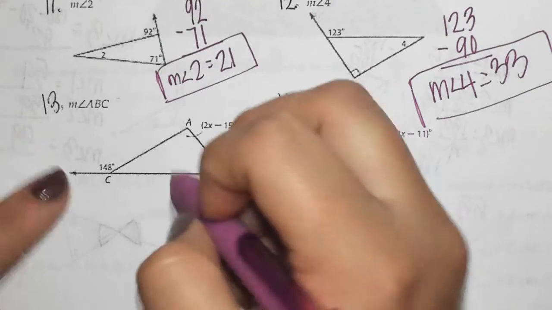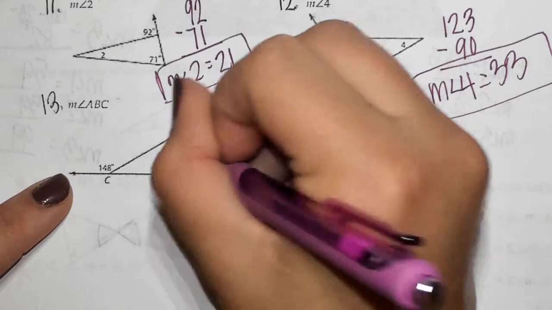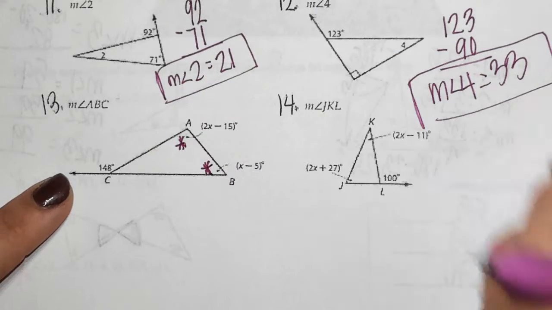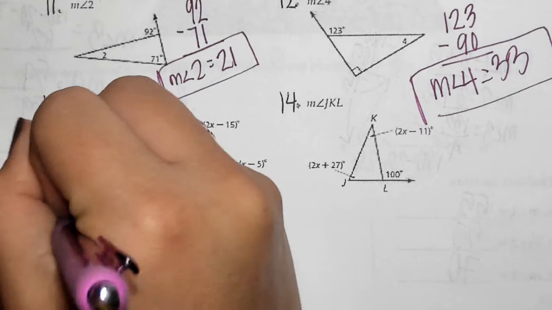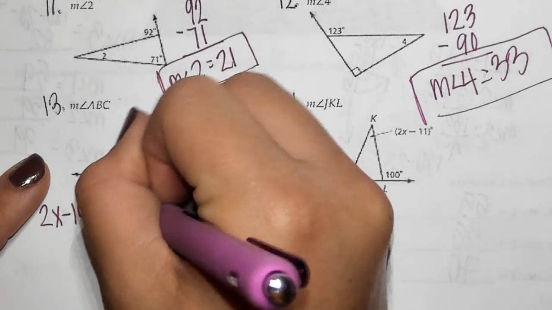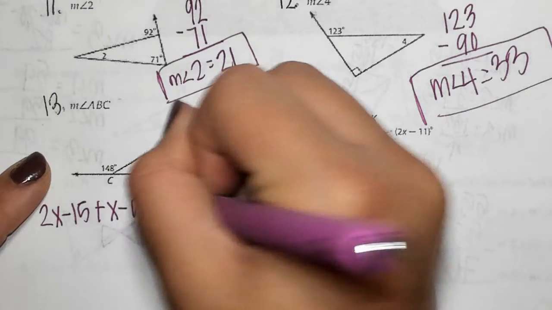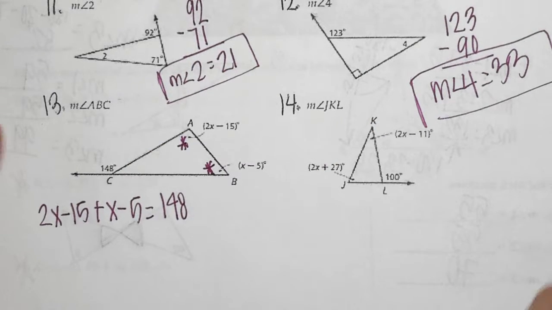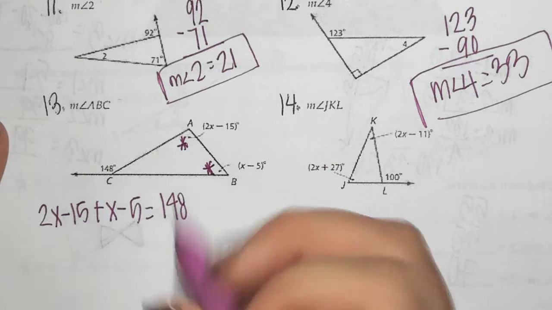It's just solving an equation. Well, to get to 148, you have to add the two angles that aren't touching it. So 2x minus 15 plus x minus 5 equals 148. Well, that's just an equation, so just solve. But remember, you have to combine like terms.